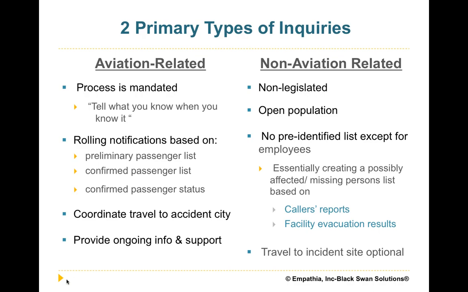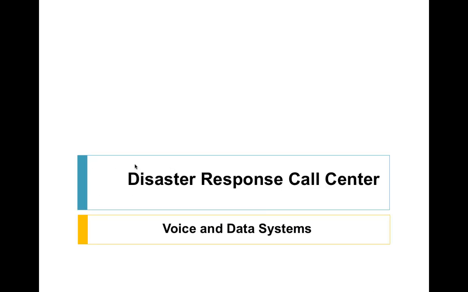Very, very difficult. And if you remember, up until the first anniversary of 9/11, they were still tweaking that list. And so it's a very different type of response. The organization is not required to set up the Family Assistance Center and all of those other requirements that we see in aviation.